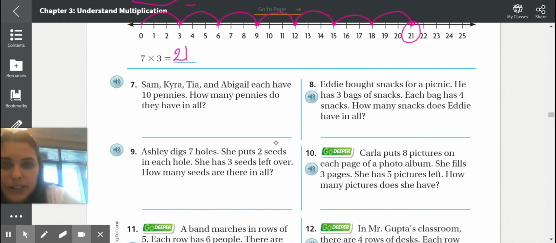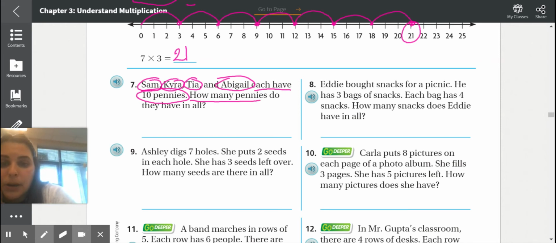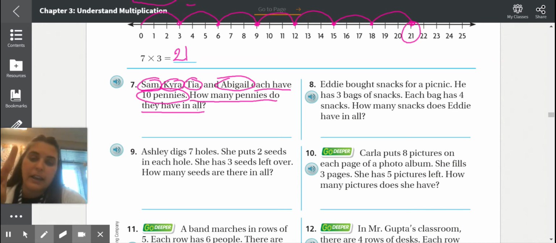All right, let's do number 7. Sam, Kira, Tia, and Abigail each have 10 pennies. How many pennies do they have in all? Okay, let's read it again. Well, how many people are there? There is Sam, Kira, Tia, Abigail. That's 4.